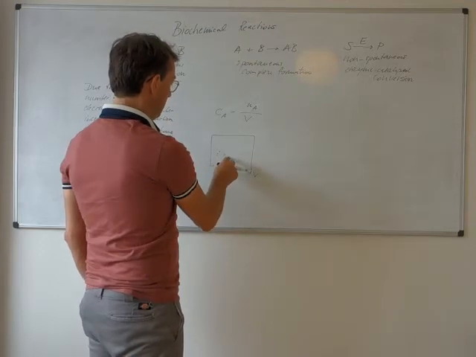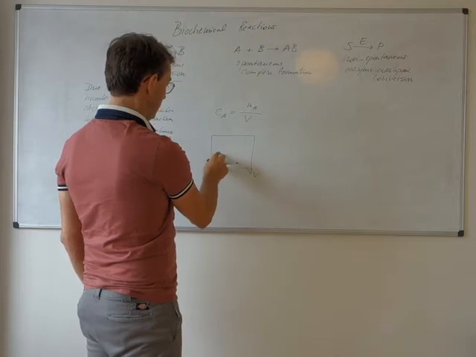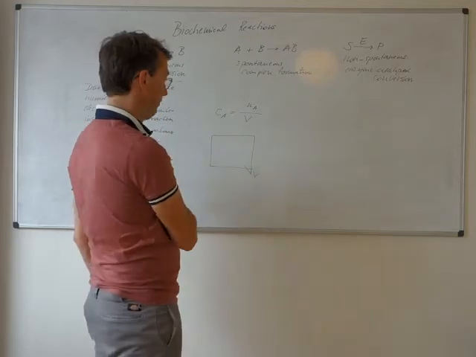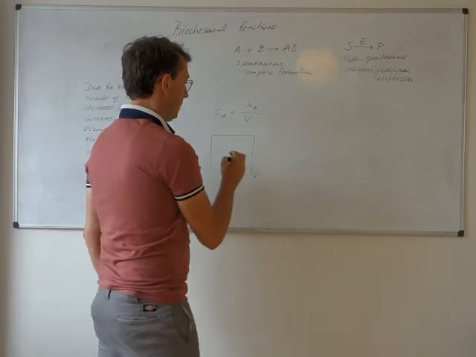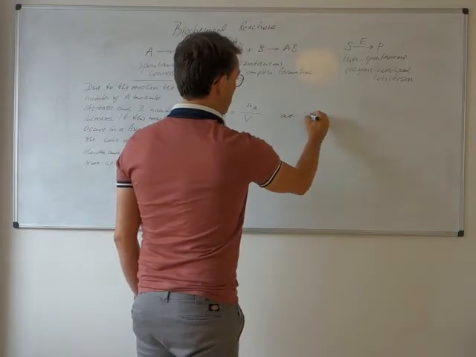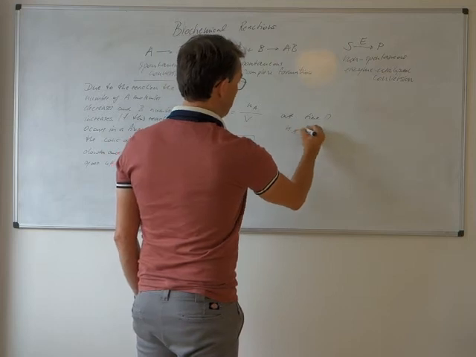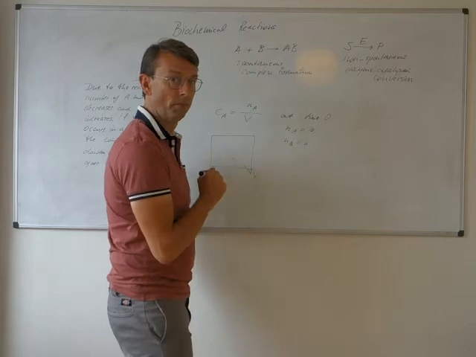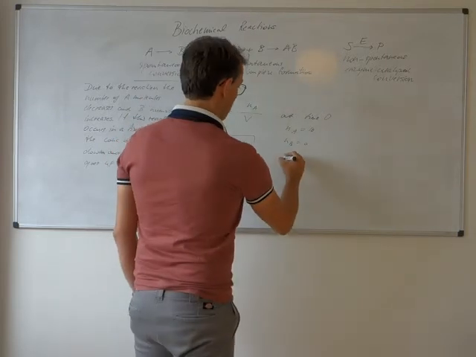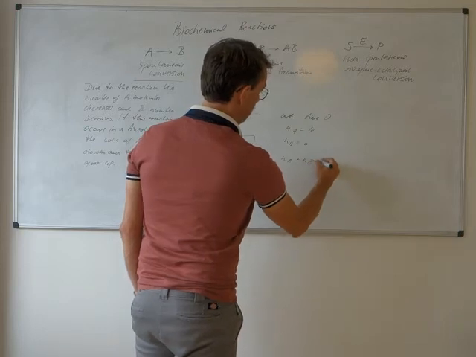Over time I lose A molecules because B molecules are made. So the starting amount of A molecules, at time 0 when I start, let's say I have 10 A molecules and no B molecules. So Na plus Nb equals 10.